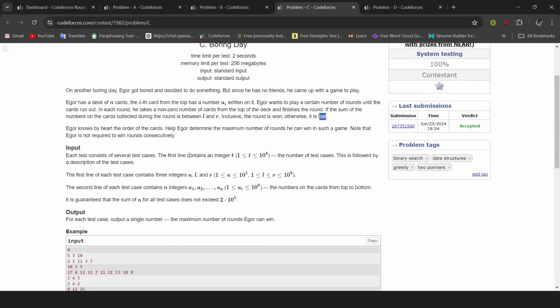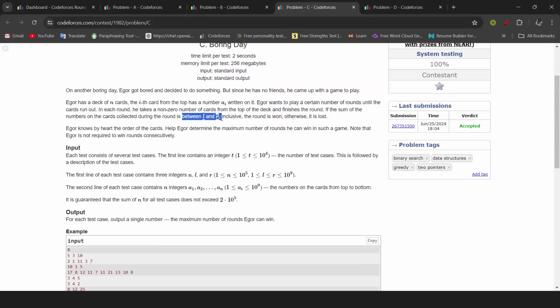So what we are actually doing here is, Igor has a deck of cards arranged from top to bottom. He would just pick some non-zero number of cards from the top of the deck. And if the arithmetic sum of those cards is between L and R, then that round is won by him.